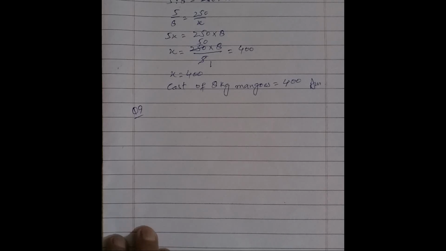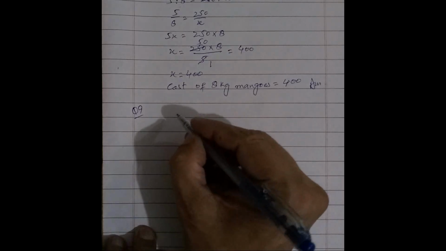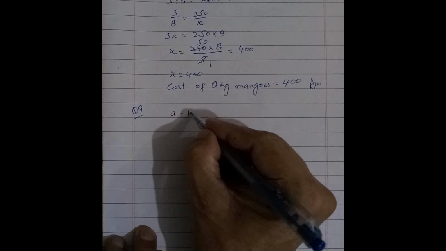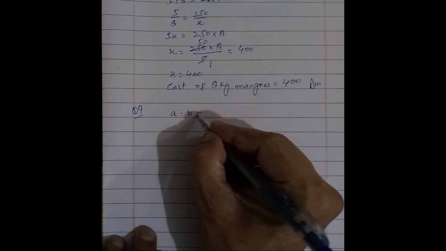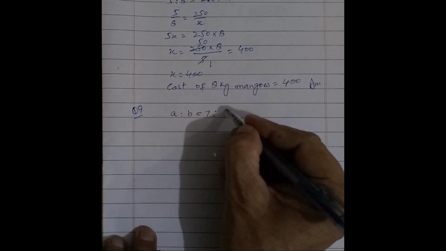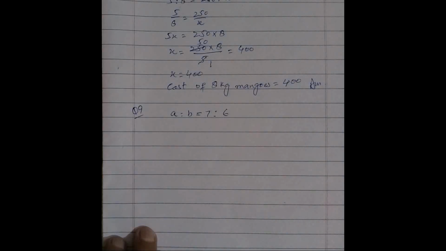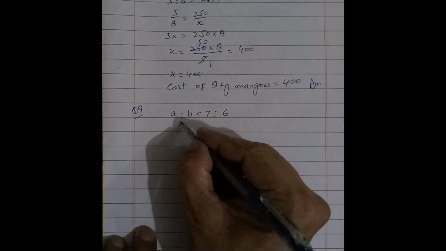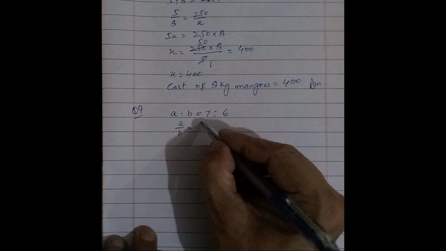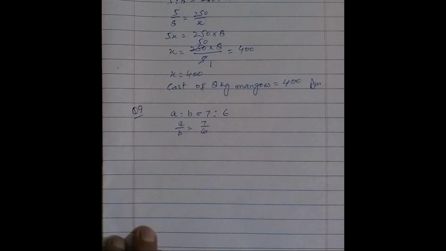So we have A ratio B is equal to 7 ratio 6, and we write it as A over B is equal to 7 over 6.